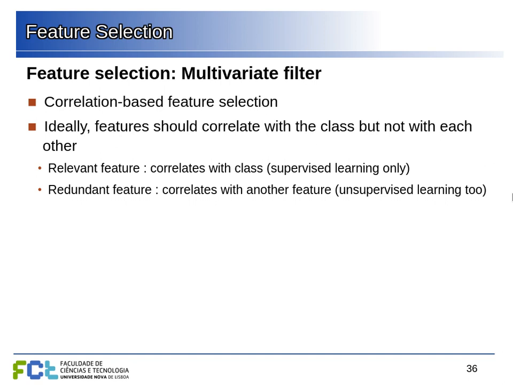So this would be multivariate filtering, and it's filtering because we are doing this before actually starting to train anything. So ideally, we want features that are relevant, that is, they give us information about what we want to know, but we do not want features that are redundant. We don't want a feature that is telling us the same thing as another feature that we already have, because in that case, we only need one and not the 2 of them.